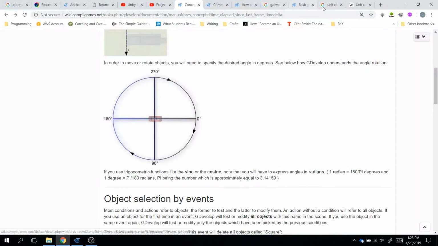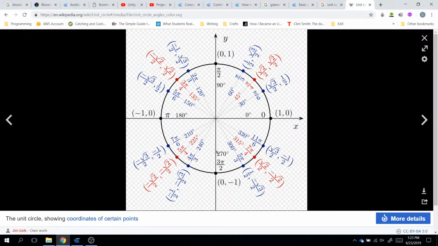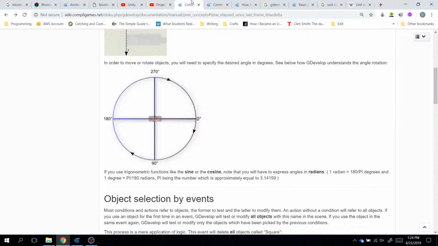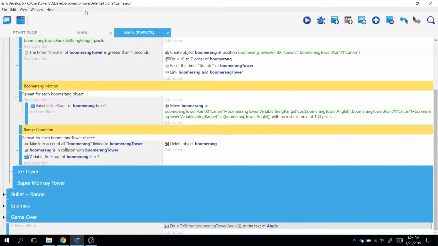Well, if you recall from the unit circle, even 270 can be considered negative 90, because the typical way we rotate for a unit circle is counterclockwise, and that's positive. But if we do a negative, then we go clockwise. Similar concept.